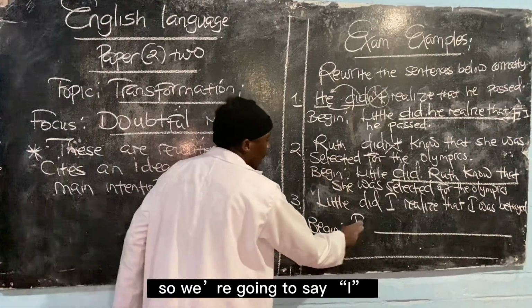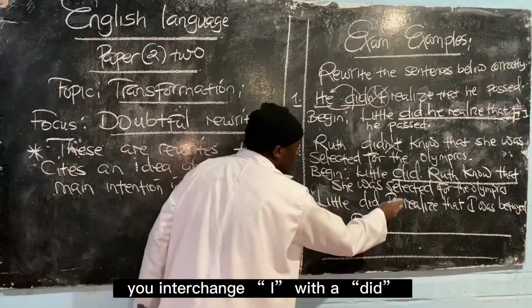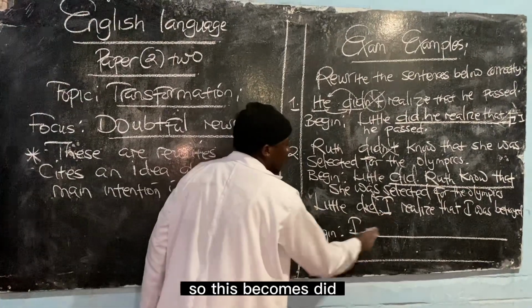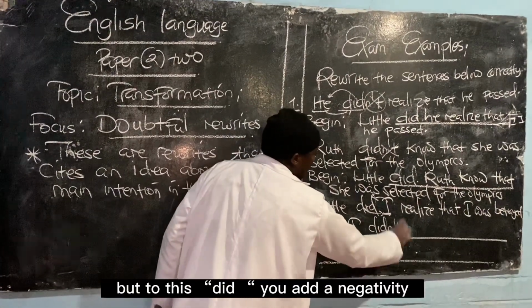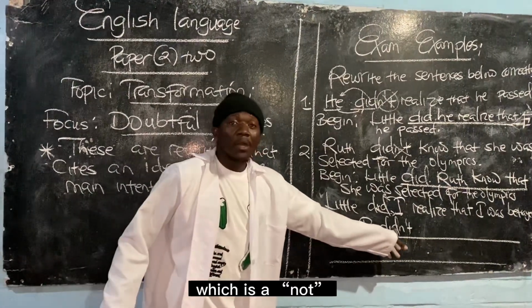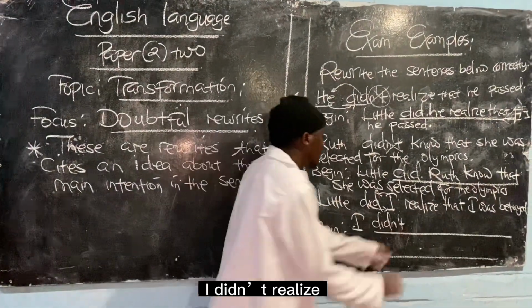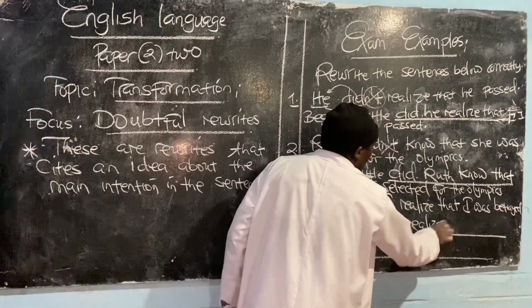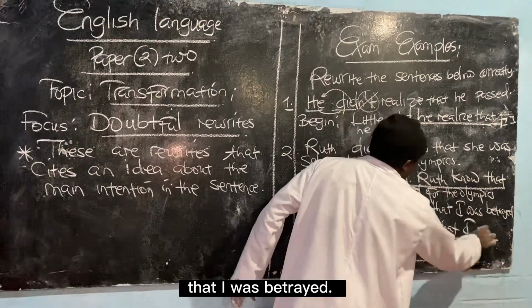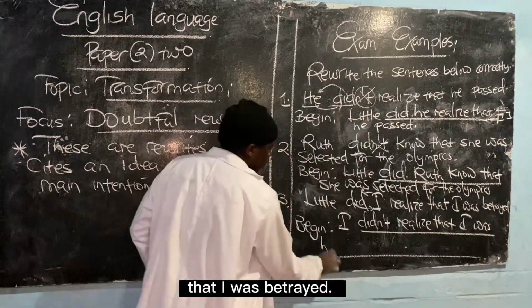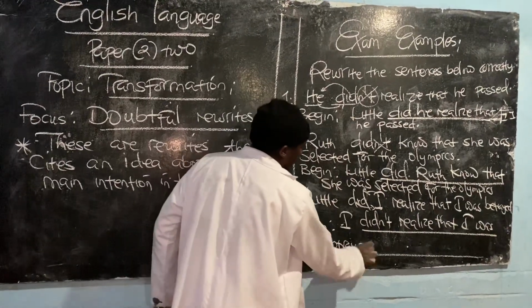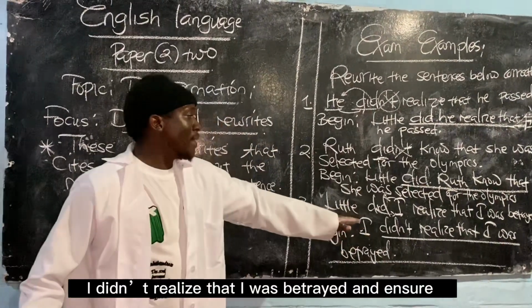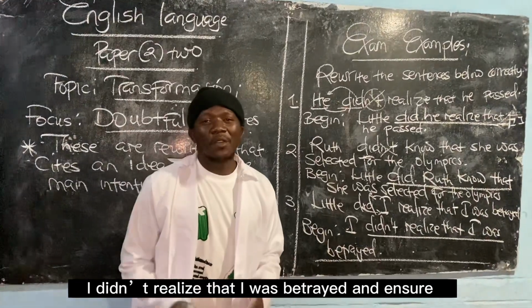So I'm going to say "I", which is here, and you interchange "I" with "did". So this becomes "did", but to this "did", you add a negativity, which is "not". I didn't realize that I was betrayed.